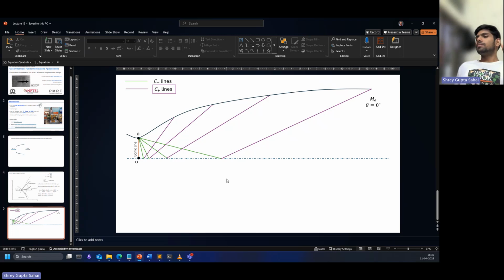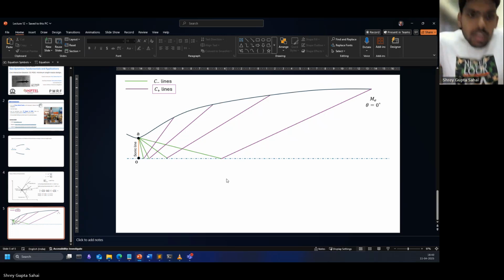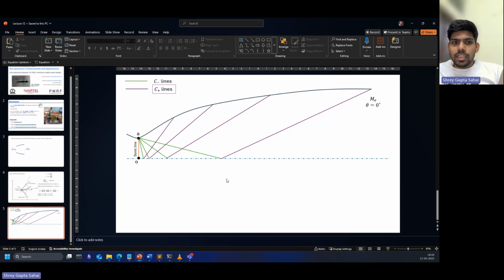Now you see, the way to look at this thing is, just give me a second to think about it. So the way to think about this is, there are a series of C minus lines.